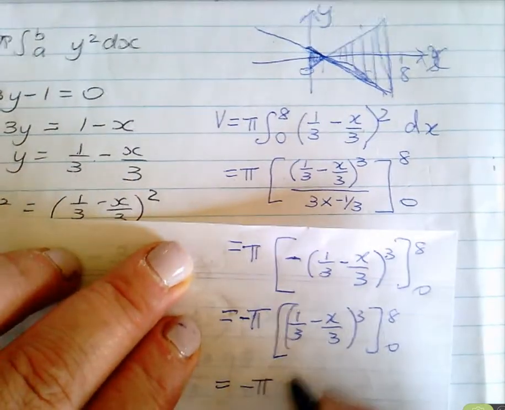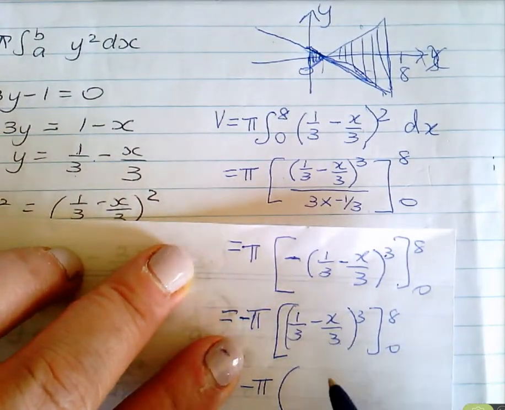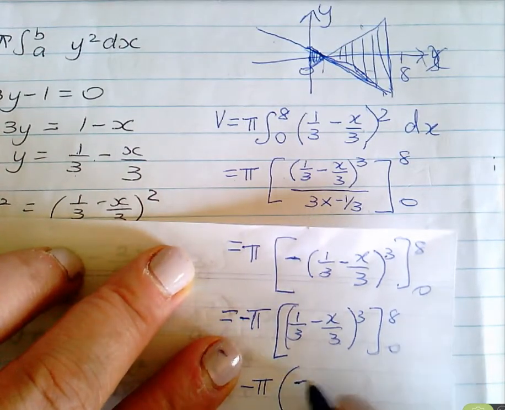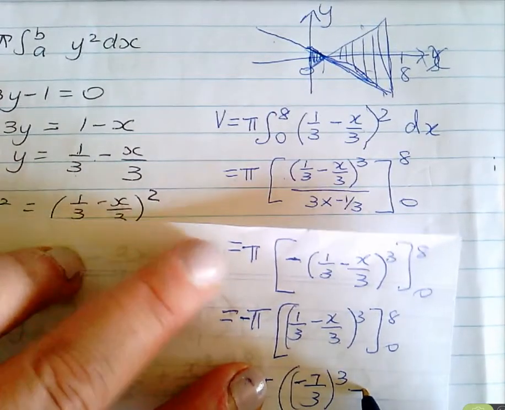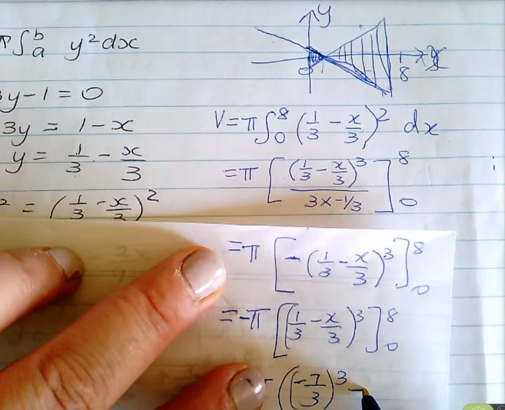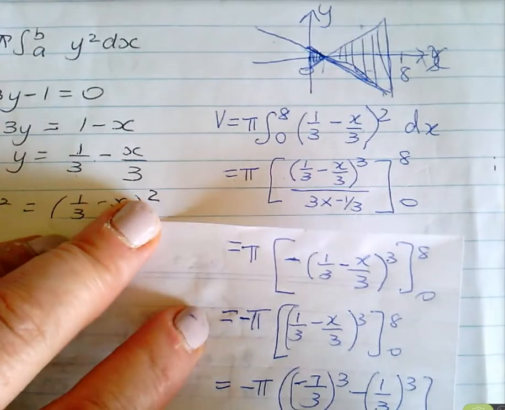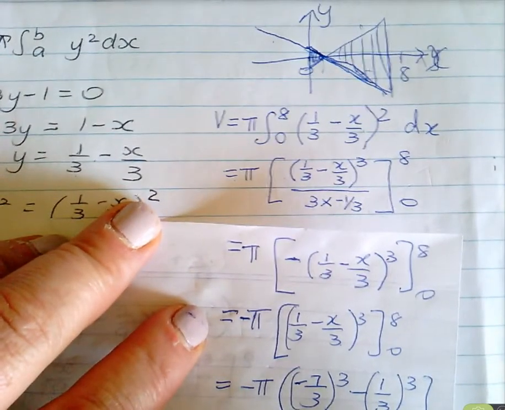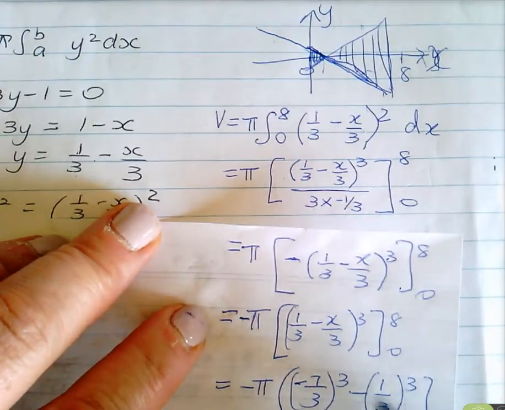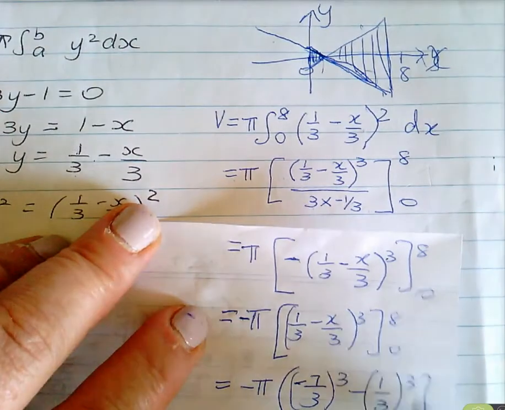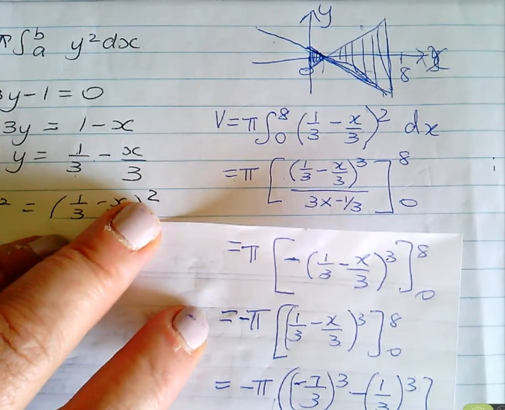So let's go. Negative pi times. What's 1 over 3 minus 8 over 3? What's that? Minus 7 over 3 cubed minus 1 over 3 minus 0 over 3 is just 1 over 3, 1 over 3 cubed. What's the denominator going to be? 27. And you've got negative 7 cubed minus 1. You can do that all in one go on the calculator. 7 cubed, isn't that 243?